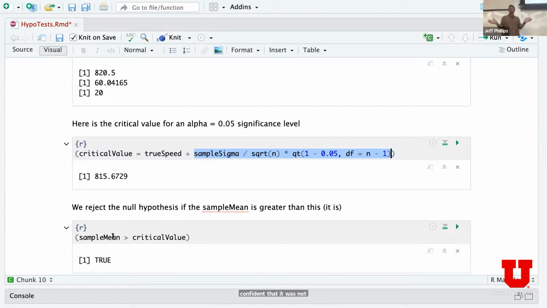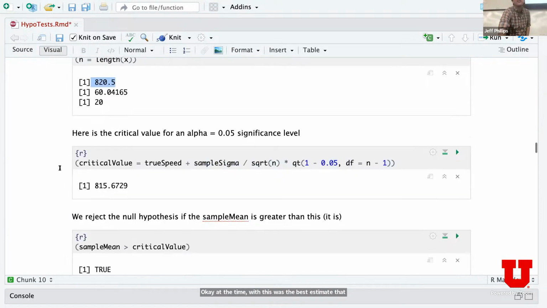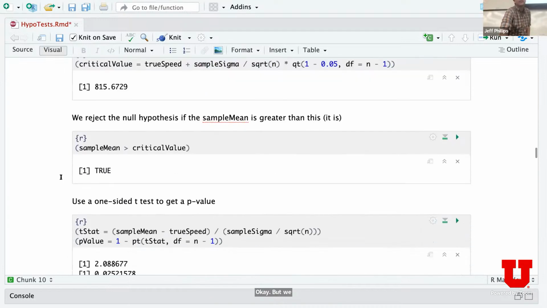Still pretty close, and it was a big contribution at the time, the best estimate we had, but we later found out that it was probably a biased experiment in some way.